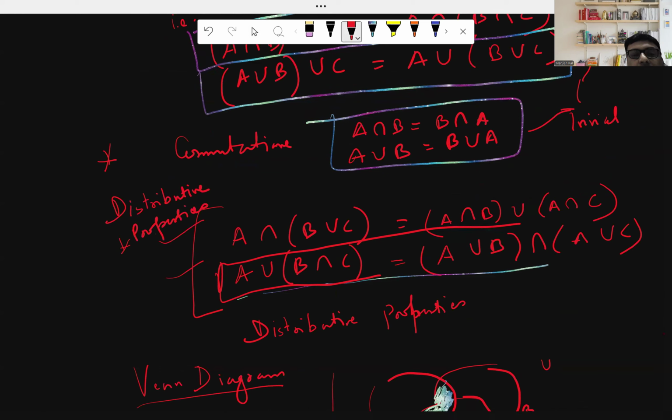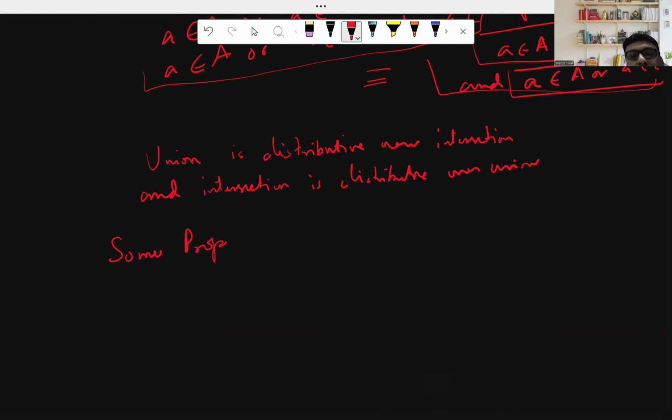Now we will look into some properties involving complement. One of the first few properties of complement is what is called De Morgan's law.